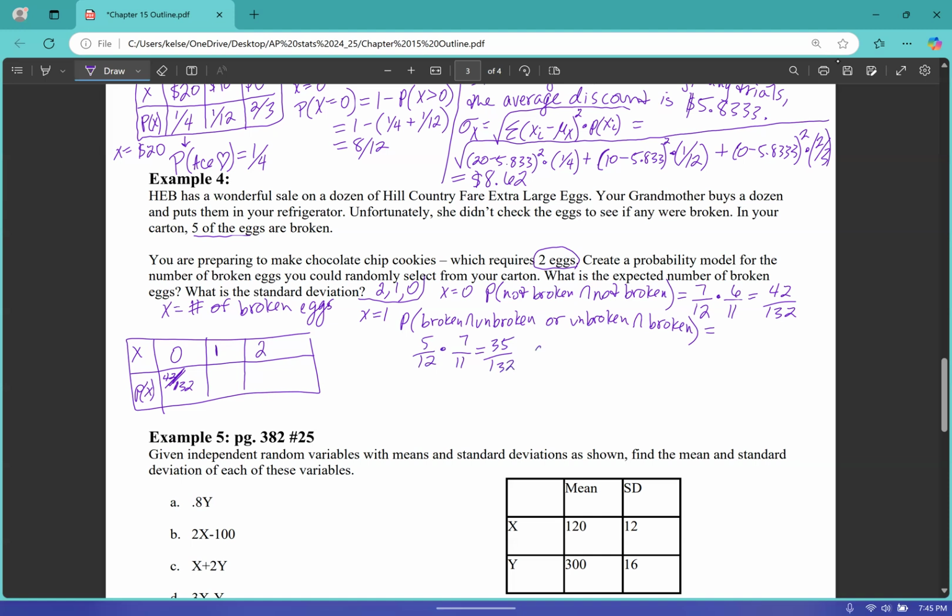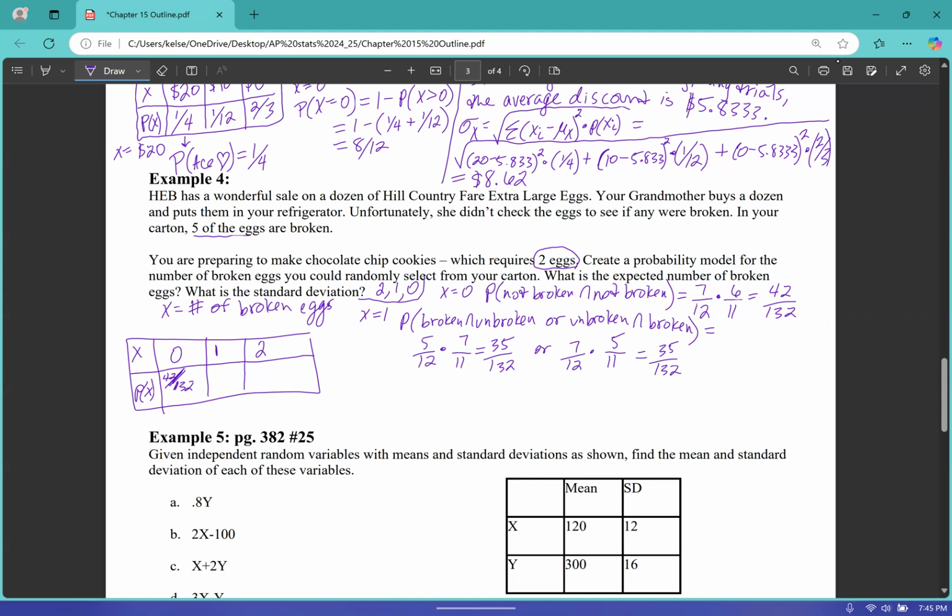Or we can go the other way around. Unbroken, 7 out of 12. And then we have 5 out of 11, because there are 5 broken ones, but we had already picked one egg out. So 7 times 5, again 35 out of 132. I know for this one it doesn't really seem like there's much of a difference, but you do have to show that you understand that it's "or," so you're adding them.